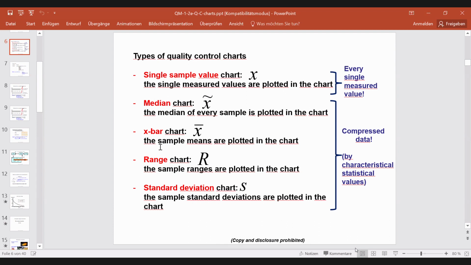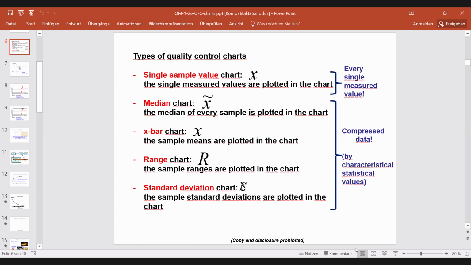In most of the cases, the X-bar chart is used. So it's the arithmetic mean of every sample, and this is written into the quality control chart. And the second line is the variation line, and here you can write the standard deviation of every sample, or the range.